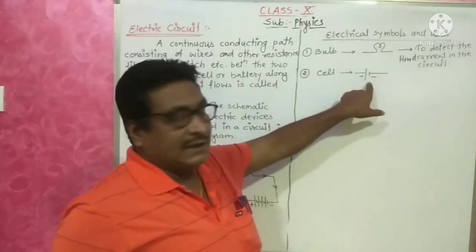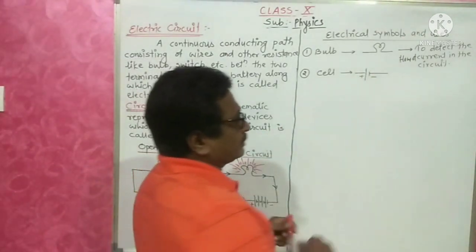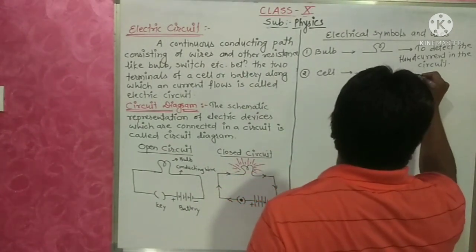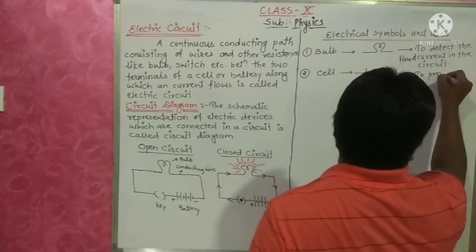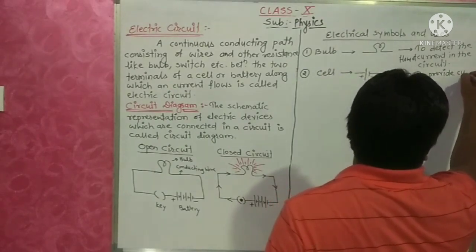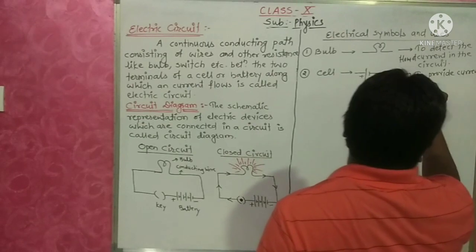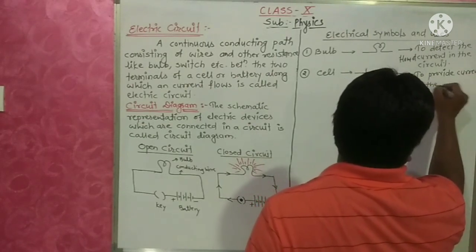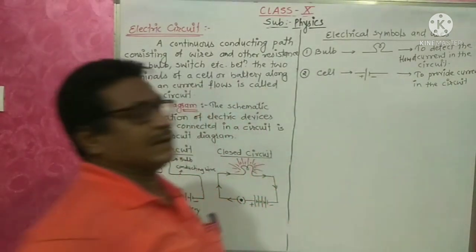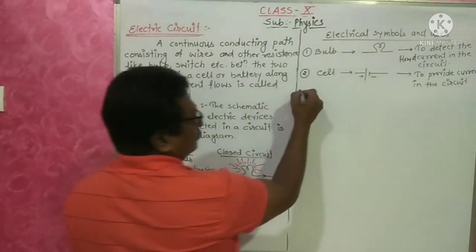Here only one cell is there, so it is called a cell. What is the use of a cell? To provide current in the circuit.